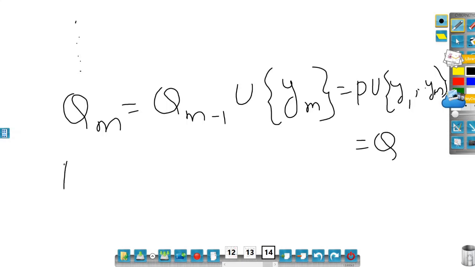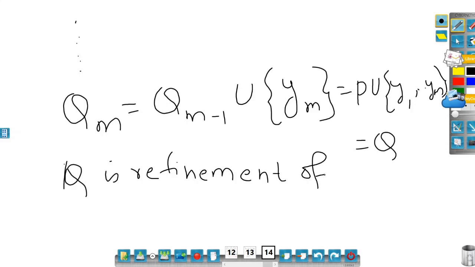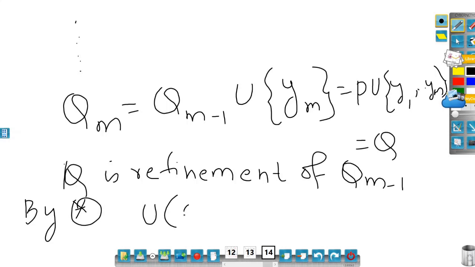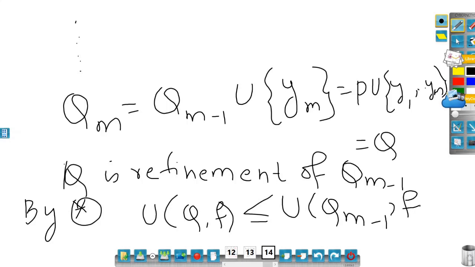So then apply star. Q is a refinement of Qm minus 1, because Q and Qm are the same. Then by star, I will get U(Q, f) is less than or equal to U(Qm minus 1, f).